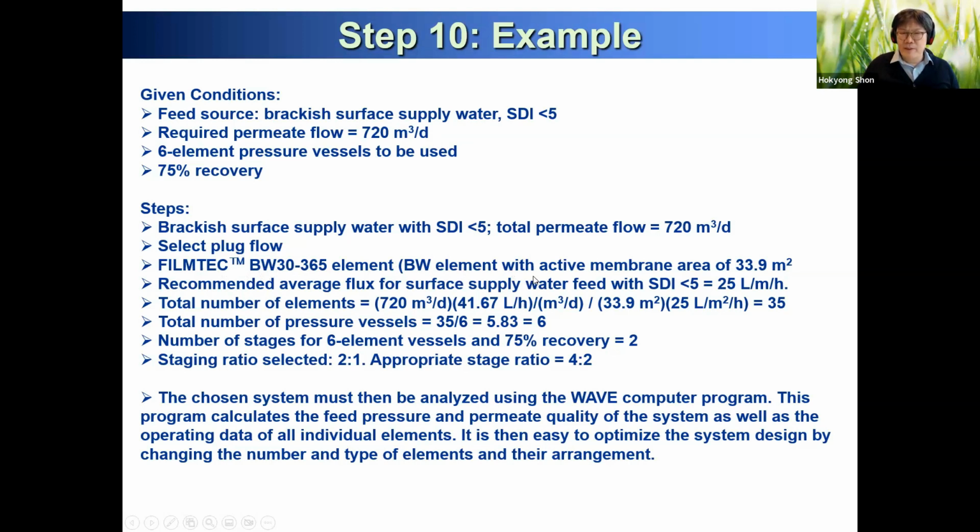The BW element has an active membrane area of 33.9 square meters. The recommended average flux for surface supply water feed with SDI less than 5 is almost 25 LMH, as given by the manufacturing company.